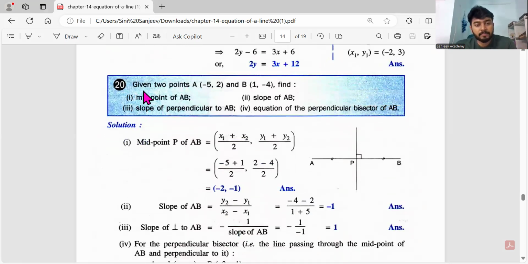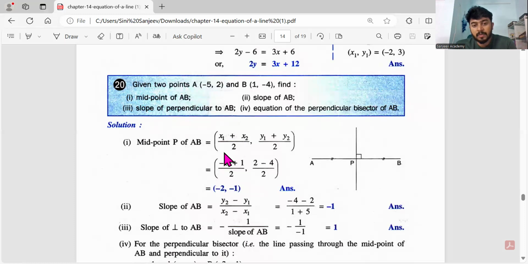So next one, given 2 points, A (-5, 2) and B (1, -4). Find the midpoint of AB, slope of AB, slope of the perpendicular to AB, and the equation of the perpendicular bisector of AB. Okay, so midpoint P of AB.